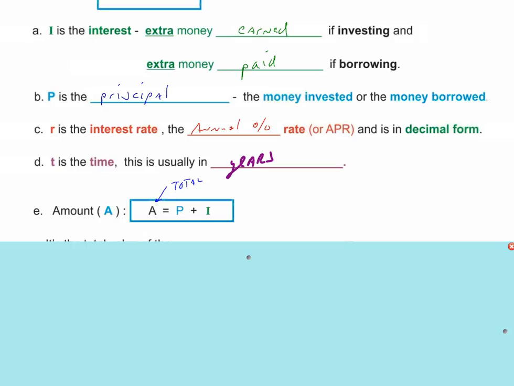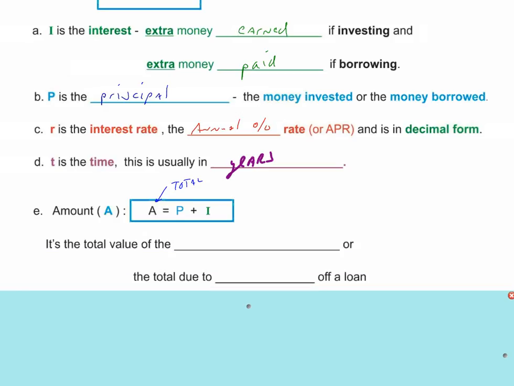Now again, if you borrow money, the amount you have to pay back is the whole amount you borrowed plus whatever interest you have to pay. That's the total amount you owe. All right, so we'll use that as we go and do some problems. It's the total value of the investment.